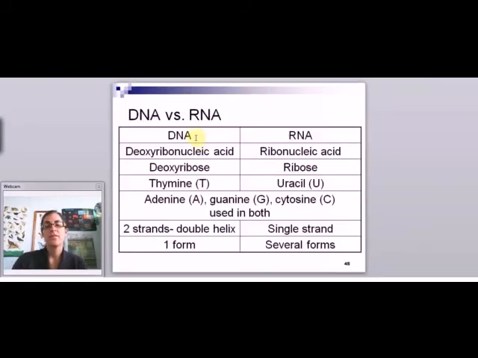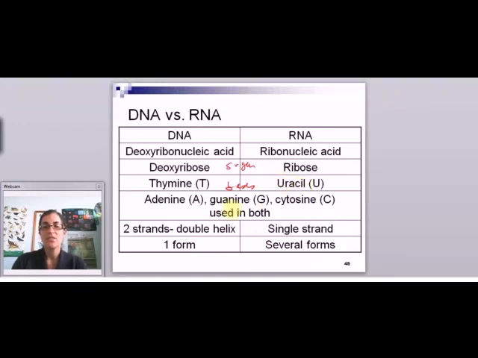This is a comparison of DNA and RNA. DNA stands for deoxyribonucleic acid. It's because it has the deoxyribose sugar. They have similar bases, so they both have adenine, guanine, and cytosine as the bases, but in DNA you have a thymine base, and in RNA you're going to have a uracil base instead.